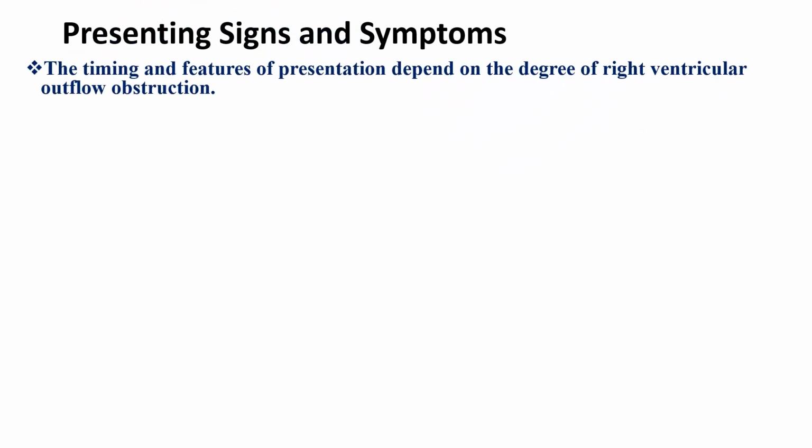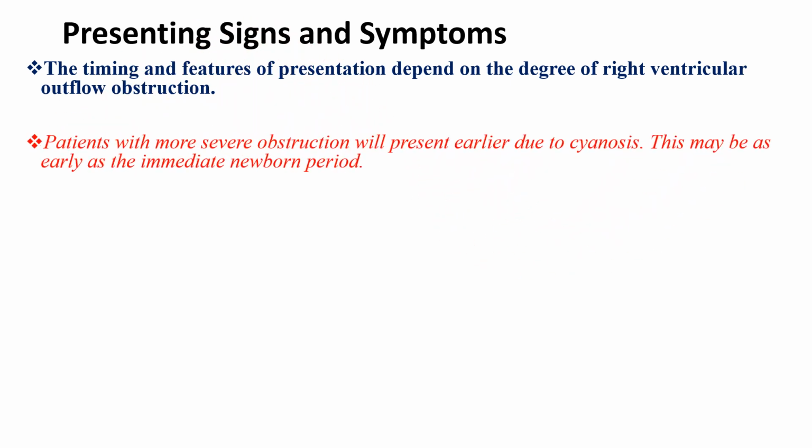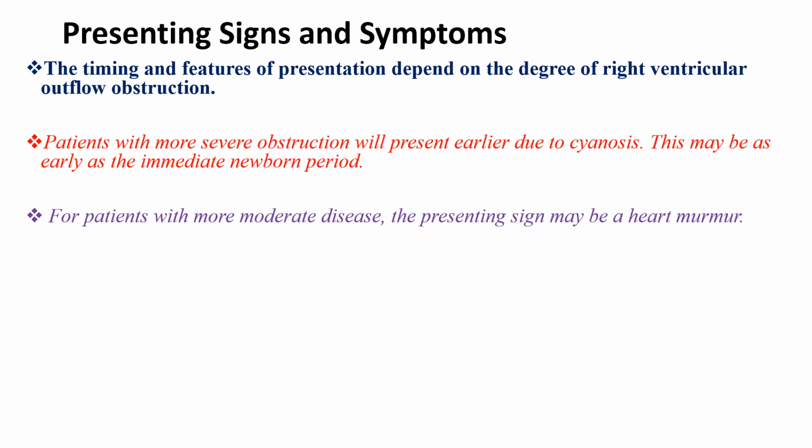When we look at the presenting signs and symptoms, the timing and the features of presentation depend on the degree of right ventricular outflow obstruction. Patients with more severe obstruction will present earlier due to cyanosis, mainly during the neonatal period or newborn period. Whereas for patients with more moderate disease, the presenting sign might be a heart murmur.